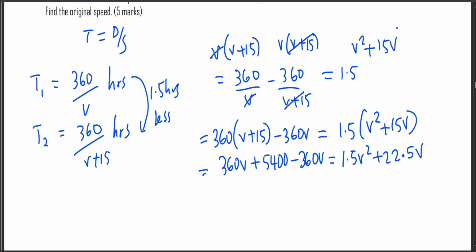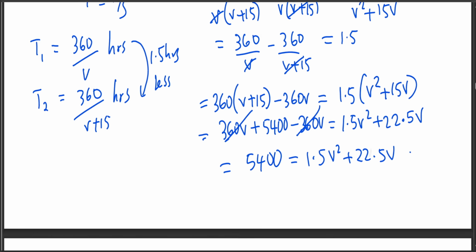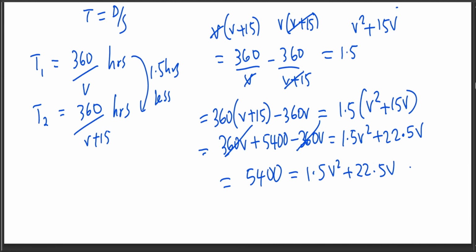Now let's collect the like terms. This and this will cancel out, so you just remain with 5,400, which is equal to 1.5 v squared plus 22.5v. Bring this together, so it should be something like this: 1.5 v squared plus 22.5v is equal to 5,400.